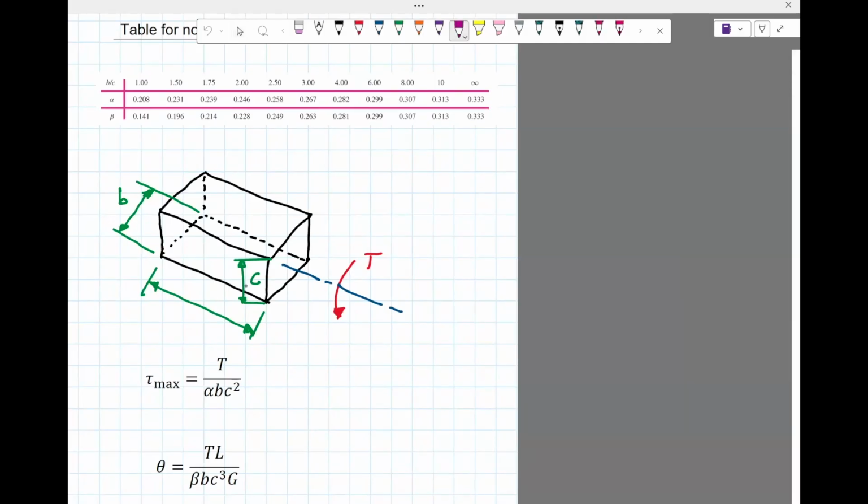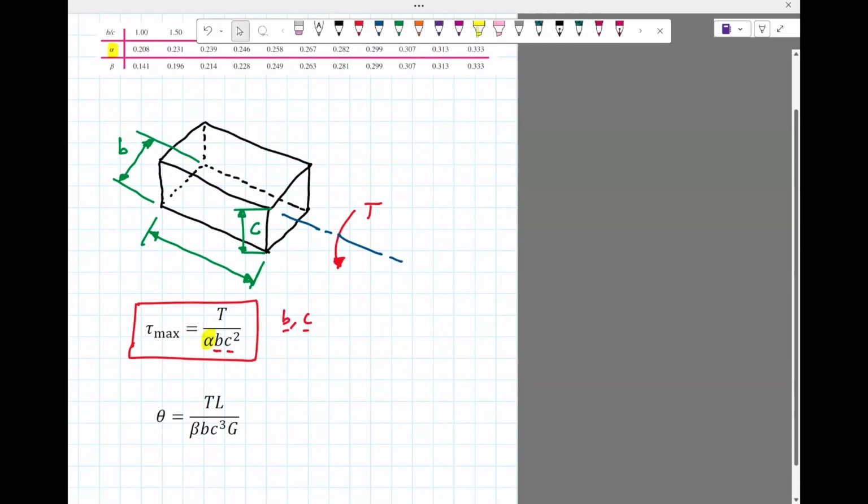If you have a rectangular beam, we're not doing any other shape, just rectangular, then you can write the maximum shear stress in terms of torque and the dimensions using this formula. Here B and C are dimensions of the rectangle. However, this factor alpha is a constant which is available in a table. For different ratios of B to C, breadth divided by height, you will have different alpha. This comes from a derivation, but the derivation is beyond this course.